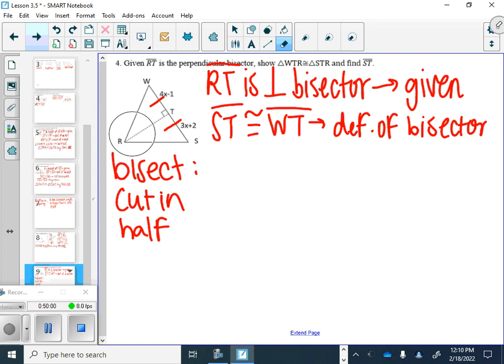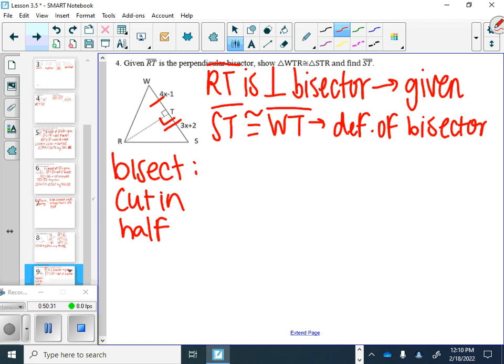Can anyone tell me what this angle right here is? How do you know that? Why is it 180? Because this is a line, right? Okay, so if this is 90, and this is a straight line, that also has to be 90, right? Is that where you're going, Rory?